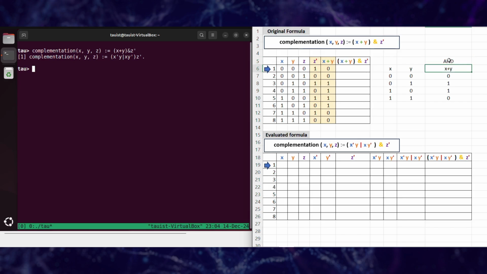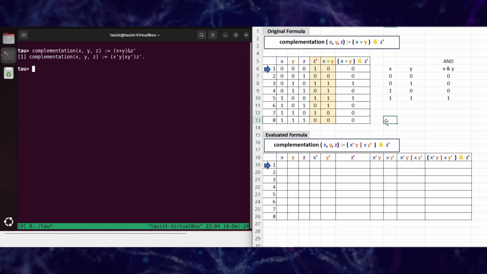So for AND x and y, we will only get 1 if both the inputs are 1. So here is 0, 0, 0, and 1. So here 0, 1 is 0, 0, 1 because both are 1. 0, 1, and 0, 0, and 0.